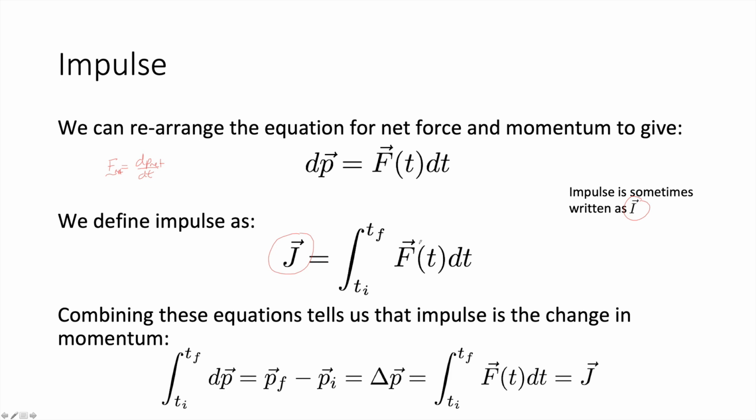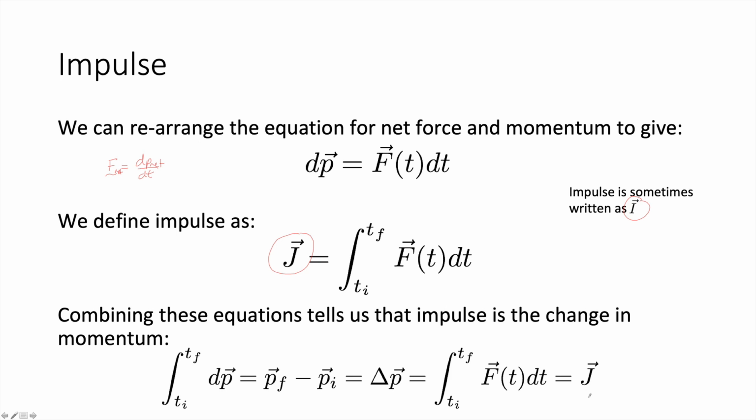Combining this equation with this equation, we can see that the integral of dP with respect to time, integrating this side, just gives us the final momentum minus the initial momentum, which is the change in momentum, and this is equal to the integral of F dt, which is just the impulse.